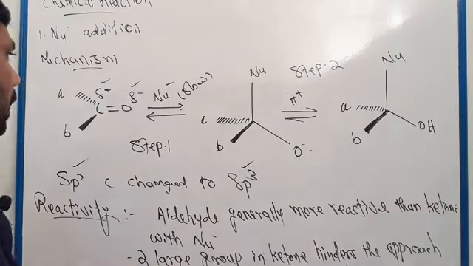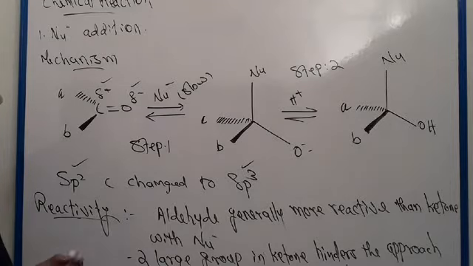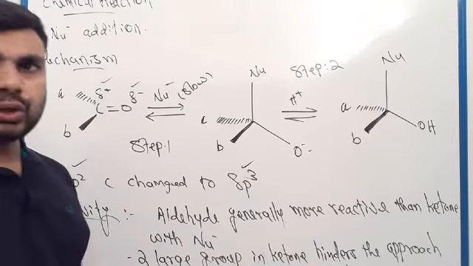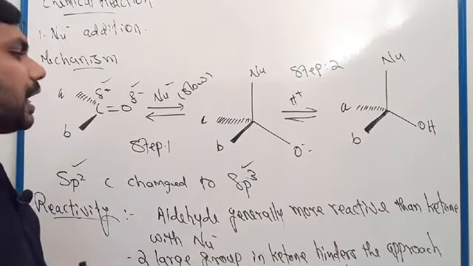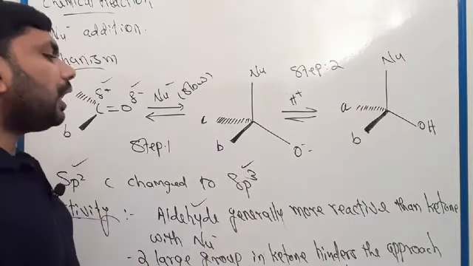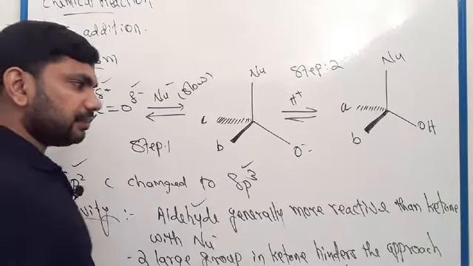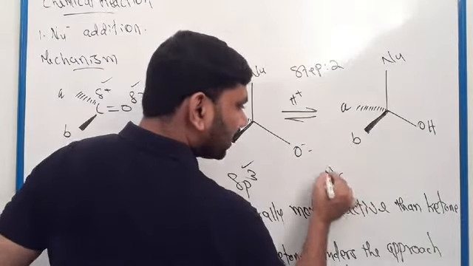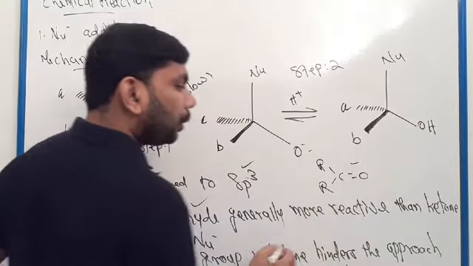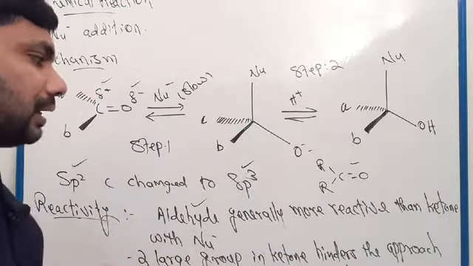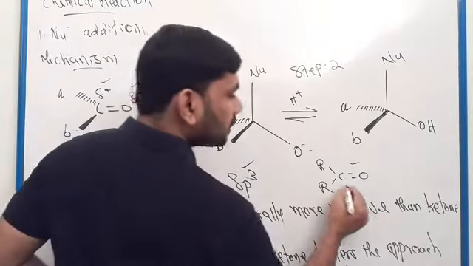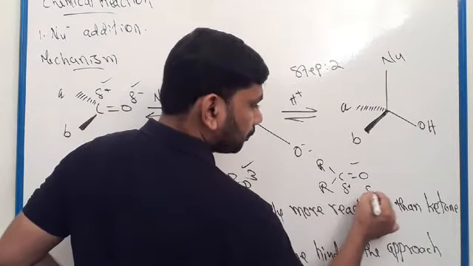Clear? Next point, the reactivity of aldehyde and ketone. Aldehydes are more reactive compared to ketones, because in ketone there are two bulky groups, and these two bulky groups hinder the approach of the nucleophile to the positively charged carbon atom.